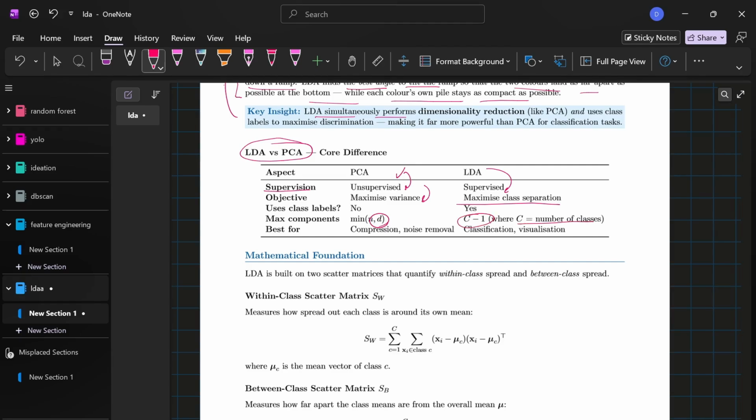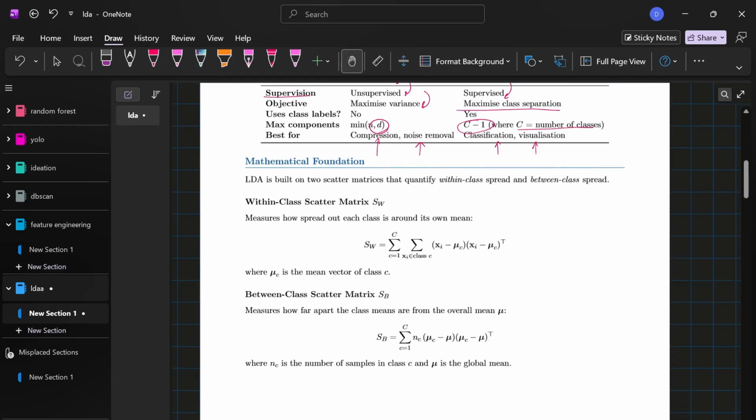LDA can give you at most C minus 1 components, where C is the number of classes. So if you have 3 classes, LDA will give you at most 2 discriminant axes. So that's the actual strength, that you can get a very compact and class-aware representation. Use PCA for compression and noise removal, while LDA can be used for the classification and the visualization part.